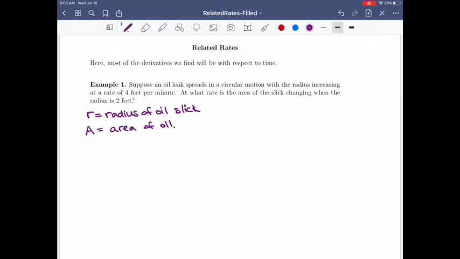Now what we're given is we know that the radius is increasing at a constant rate of 4 feet per minute. So that's going to be dr/dt. It's the rate that the radius changes with respect to time.